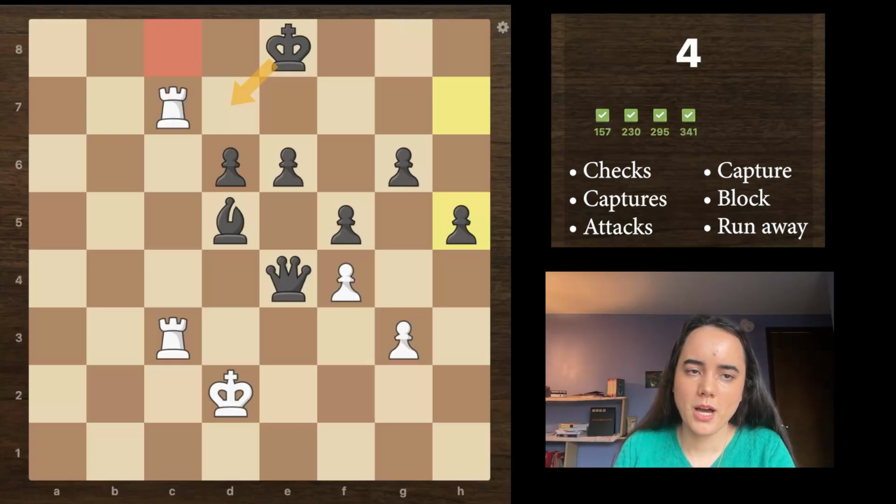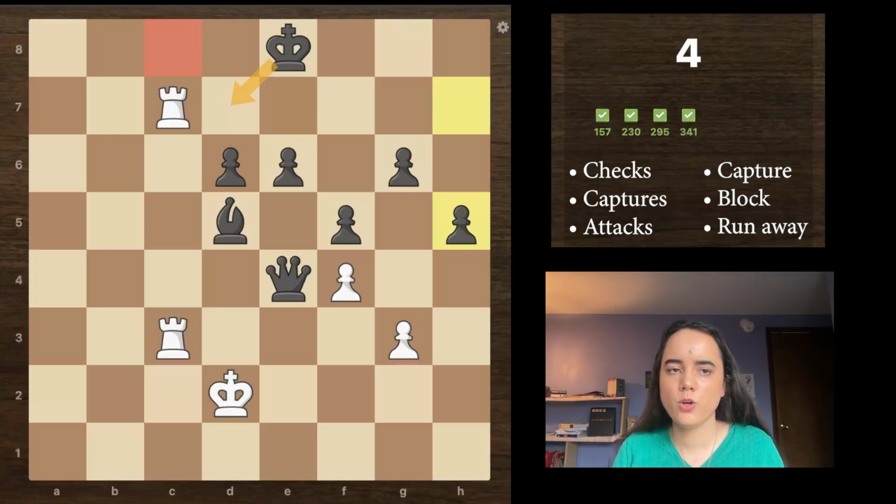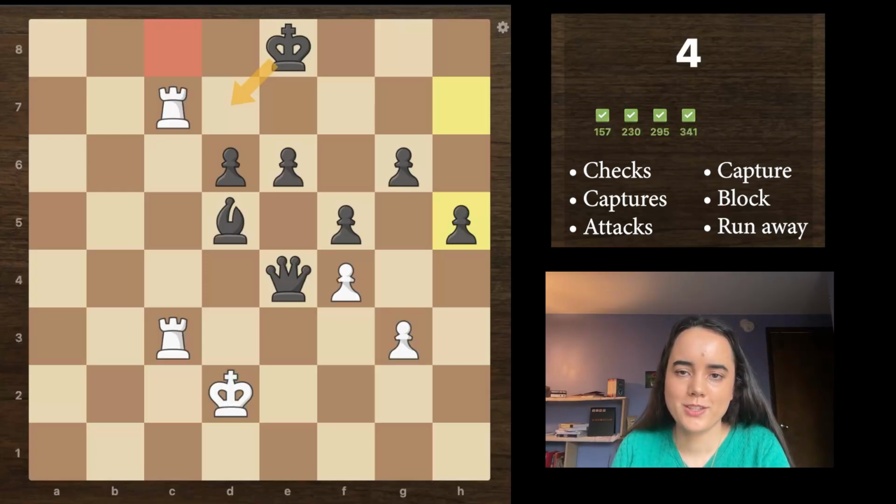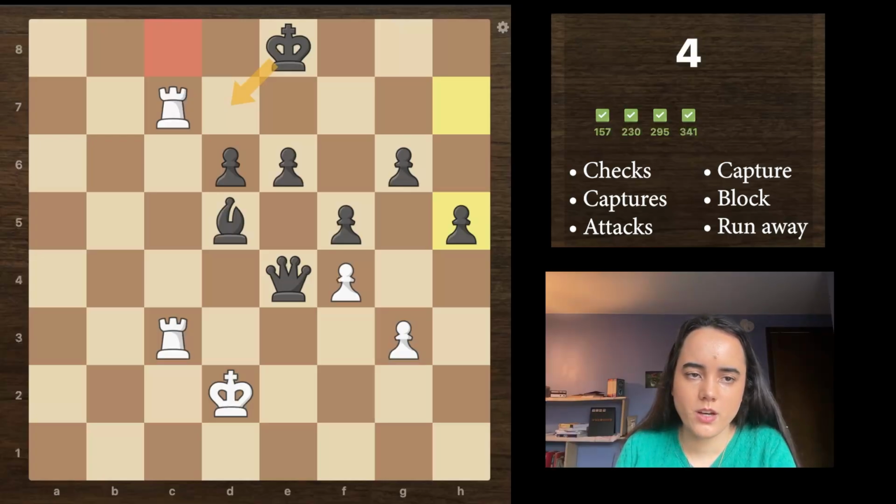We could go back with our rook and check, but in general, you don't want to repeat moves because if you go back, then he could go back, and then if you repeat a move 3 times, it's a draw. So we want to first see if we can win before we decide to draw. And in most puzzles, it's not going to be a draw. The draw is not going to be the answer. So let's look at the other check.